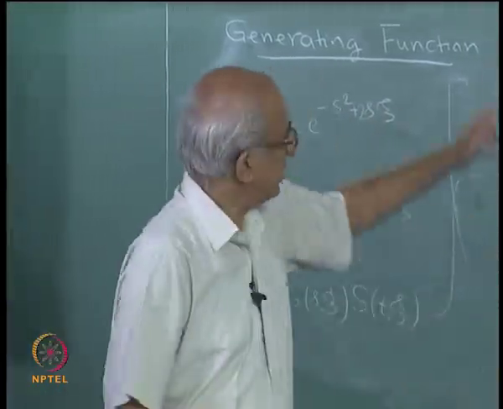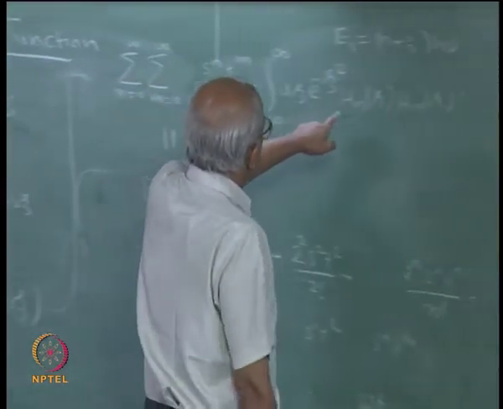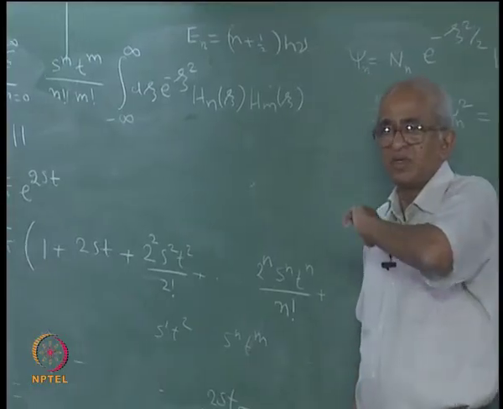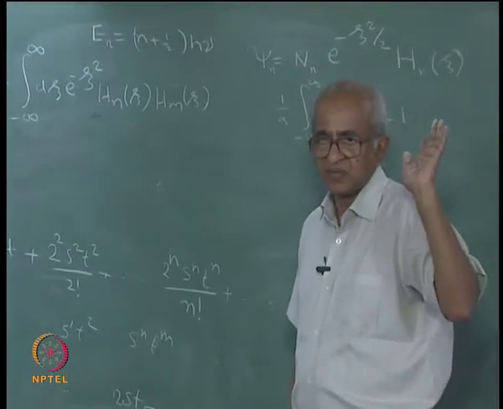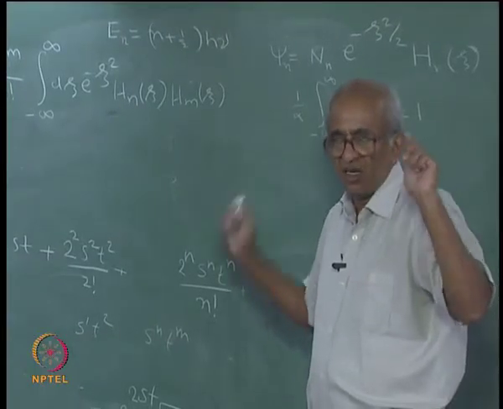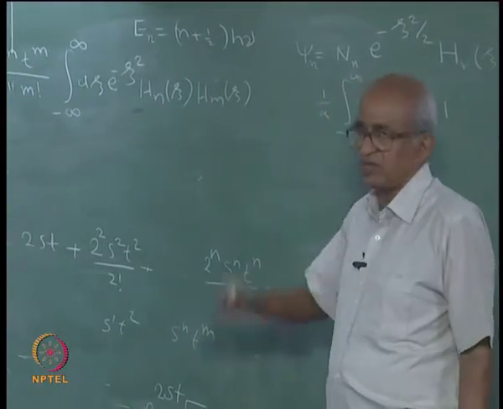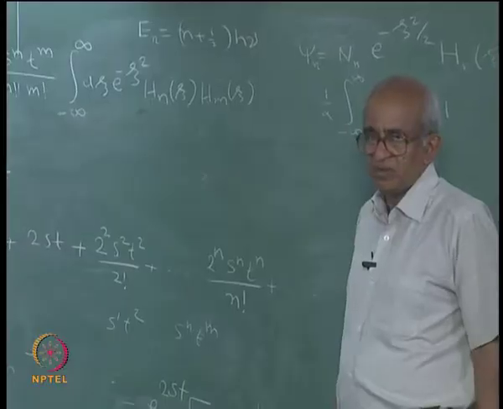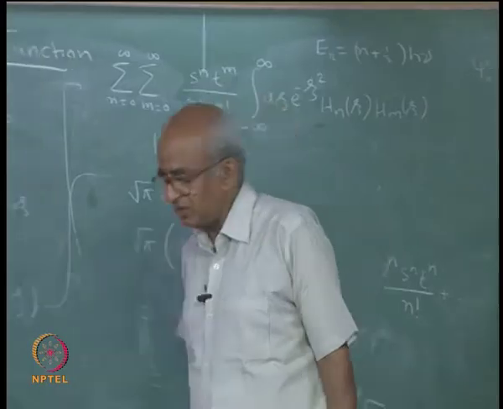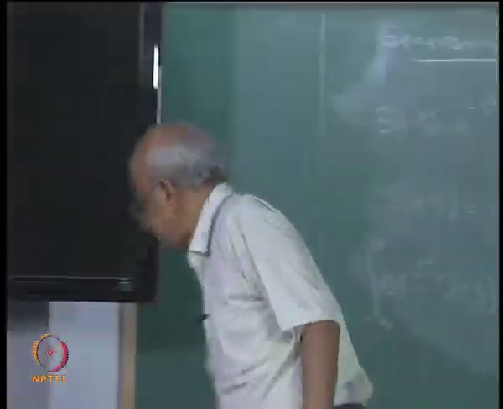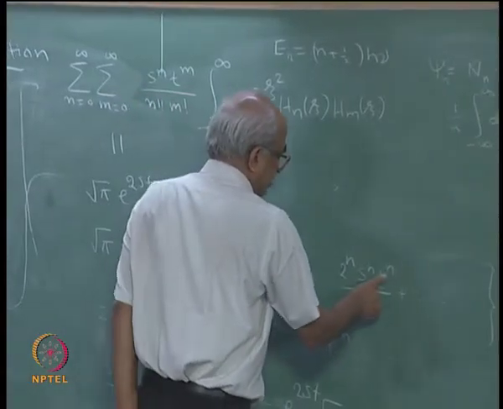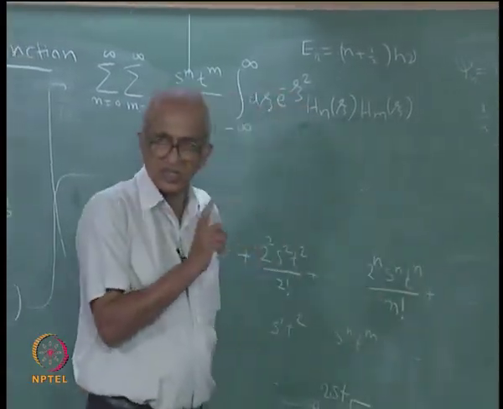The conclusion is that an integral involving n and m different has to be 0. That is the way we evaluate this integral, and if n is equal to m, what is the value? If n is equal to m, the coefficient of s to the power of n t to the power of n is how much?